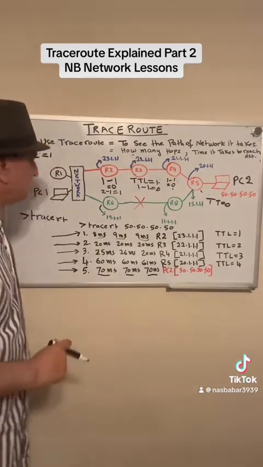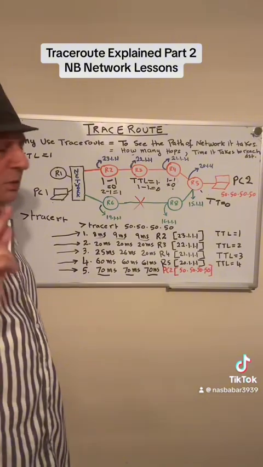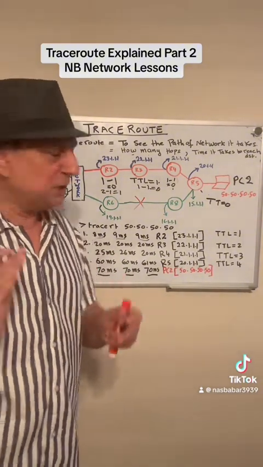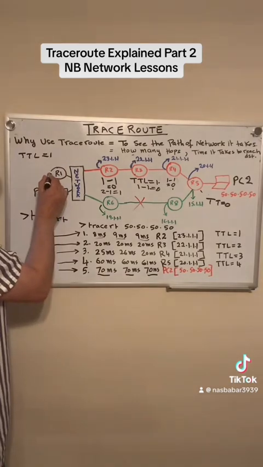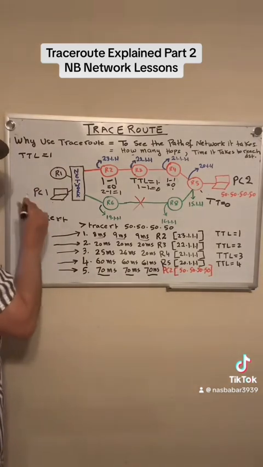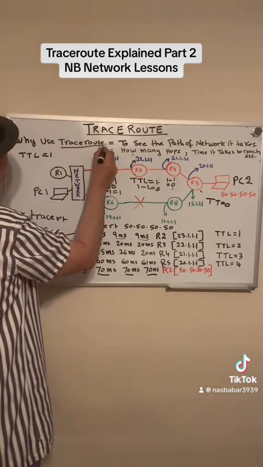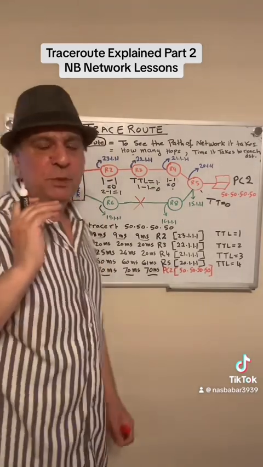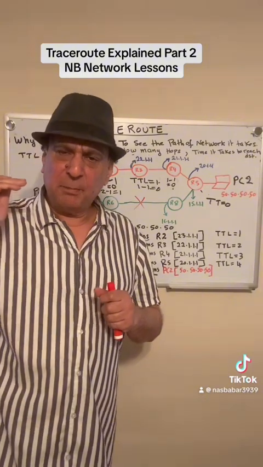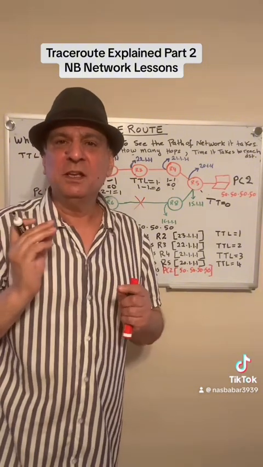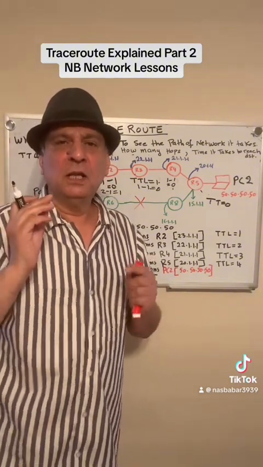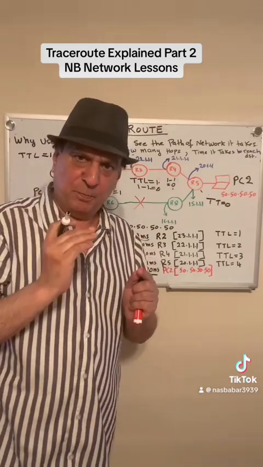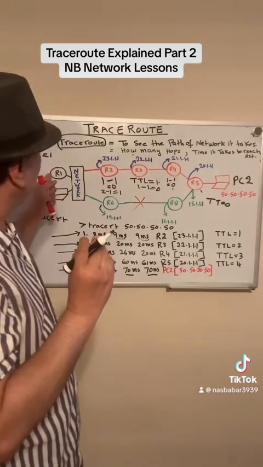One thing, if you do a traceroute from a router, and this is an exam question, by the way, so please pay attention. When you do a traceroute from R1, you type the whole word traceroute, right? And it uses UDP. Initial packets are sent using UDP, which is a layer 4 protocol, but the TTL mechanism is the same. It's just that the router uses UDP.